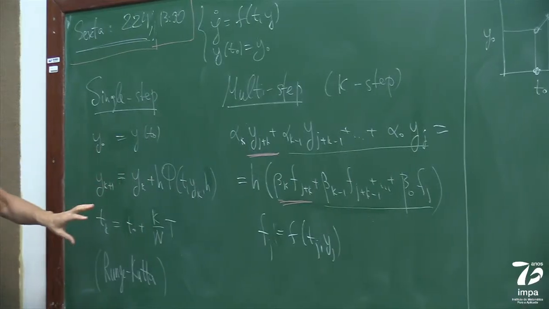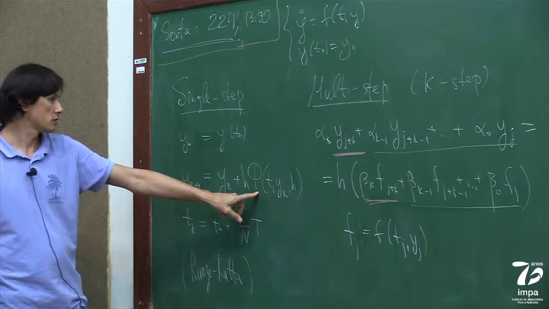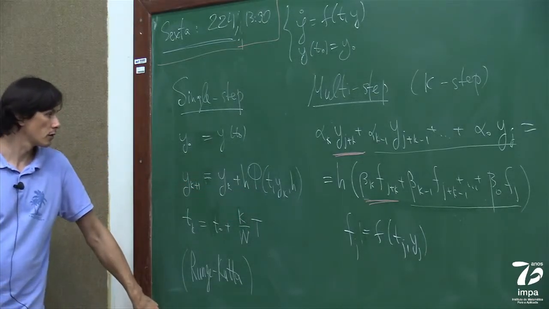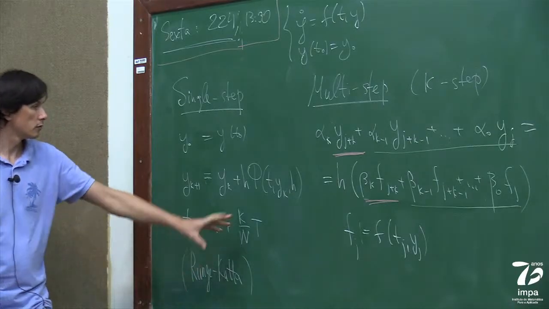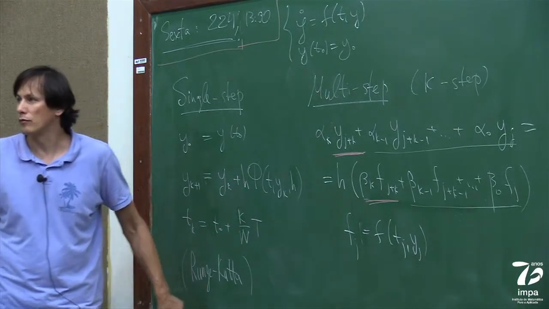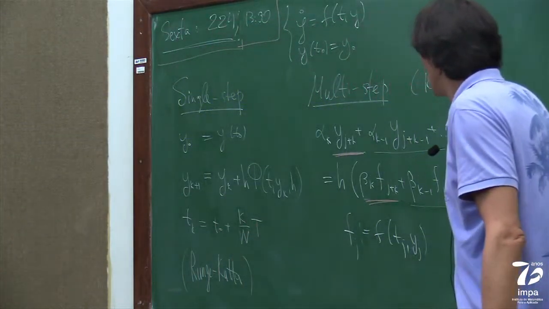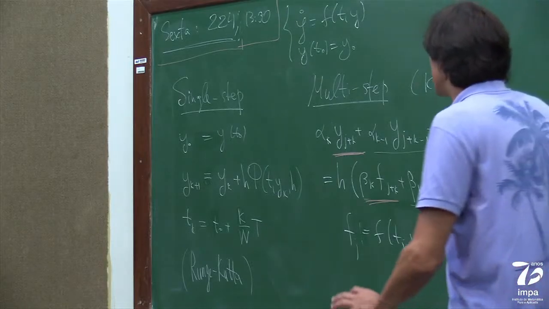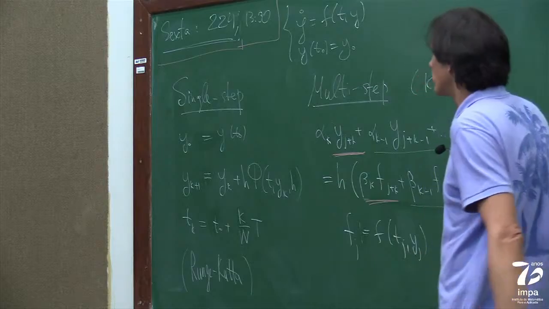Only in that case this will be f. So this is essentially a kind of species of the Euler method, no? Euler or some improved Euler. So single step is not exactly the k equals 1 case, it's a bit more elaborate version.